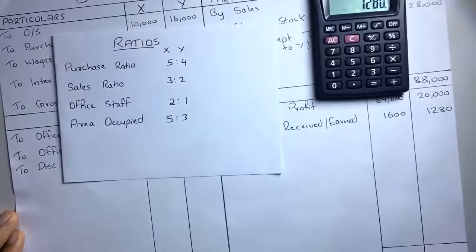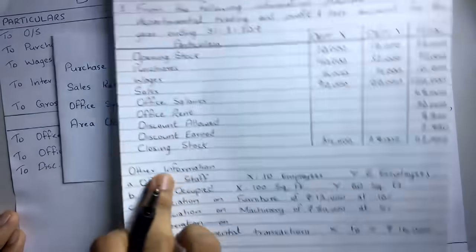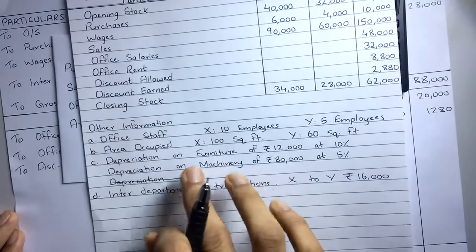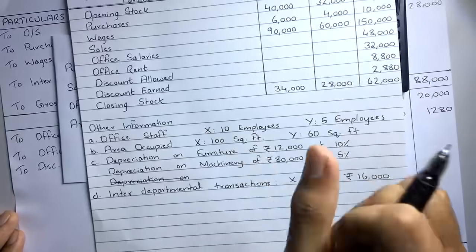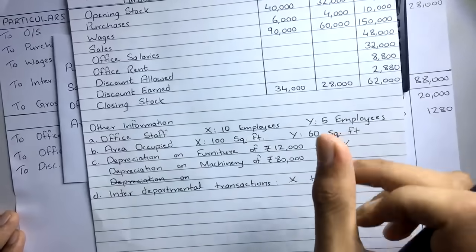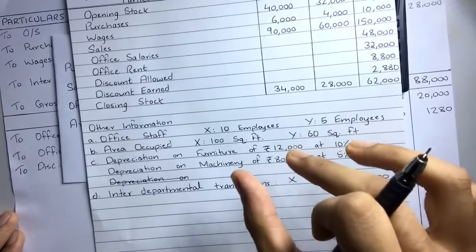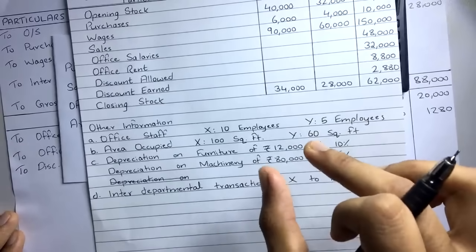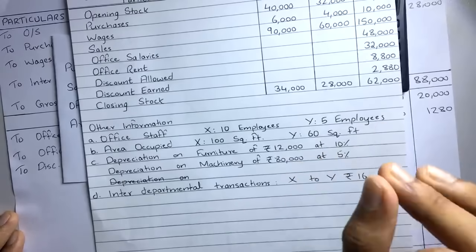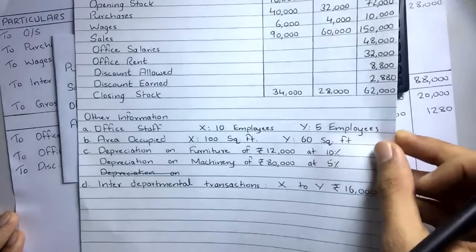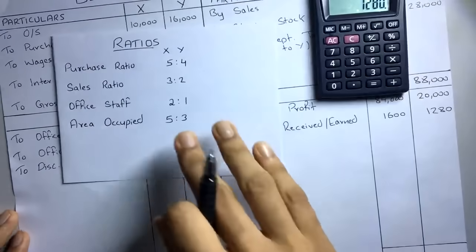Now they have not mentioned anything over here. There are no assets given, so we cannot divide it on the basis of assets. So whenever the question is silent about something, you have to divide it equally among the departments. So we will do this equally.